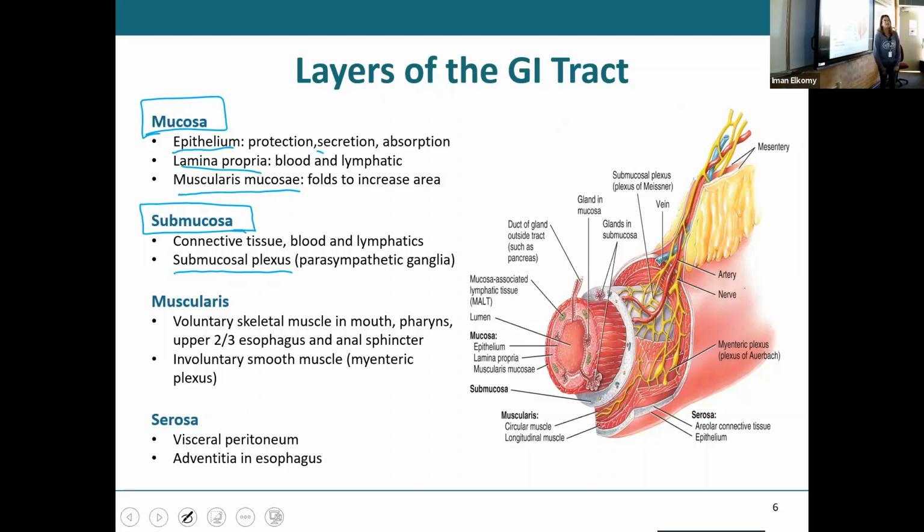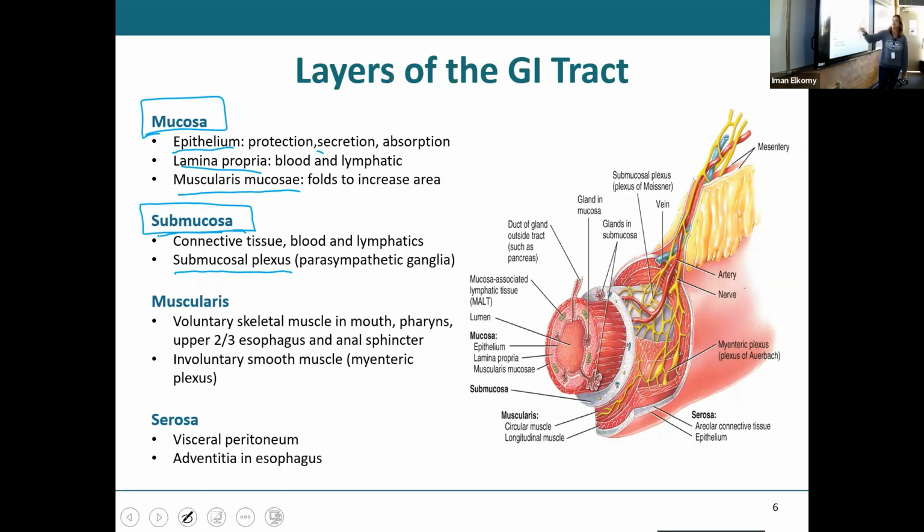In addition to that, this is where you're going to find those parasympathetic ganglia. Remember when we talked about the parasympathetic system, we said the ganglia are terminal ganglia found in the organ or in the wall of the organ or very close to it. Most of the time they're found in these submucosas where you find your parasympathetic ganglia.